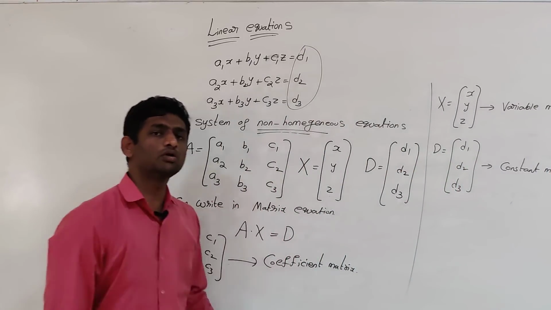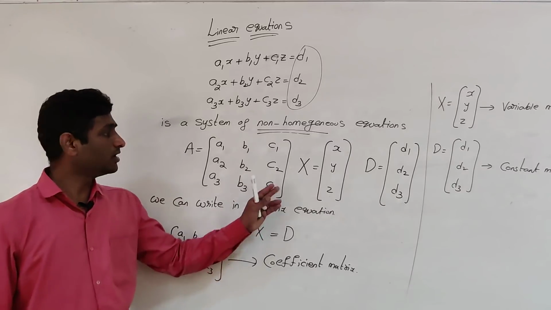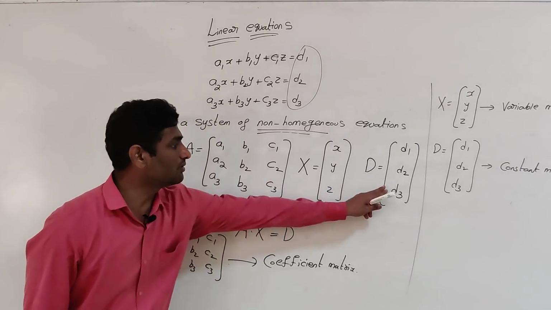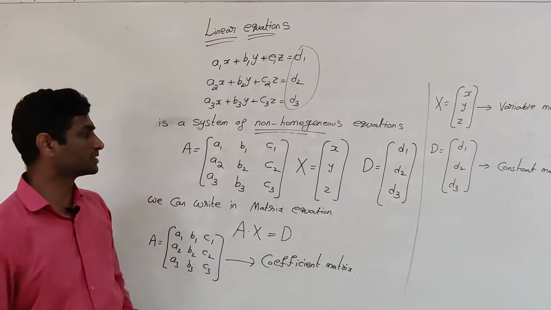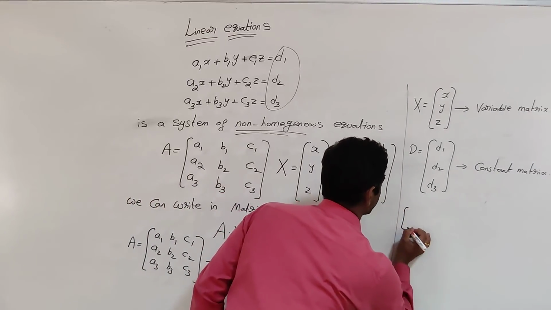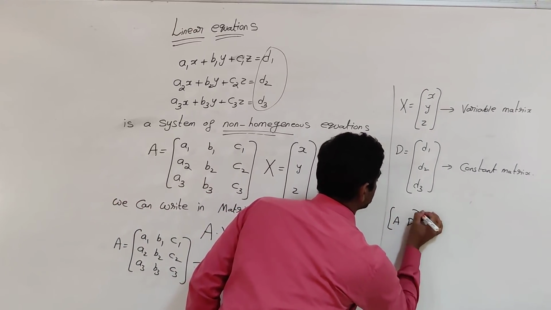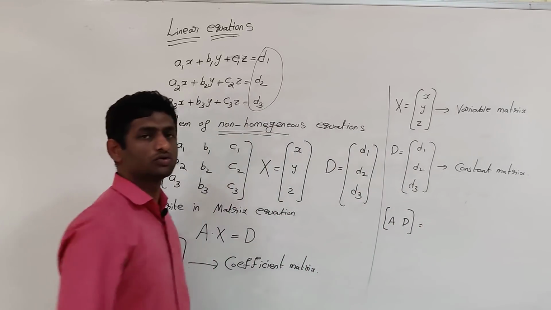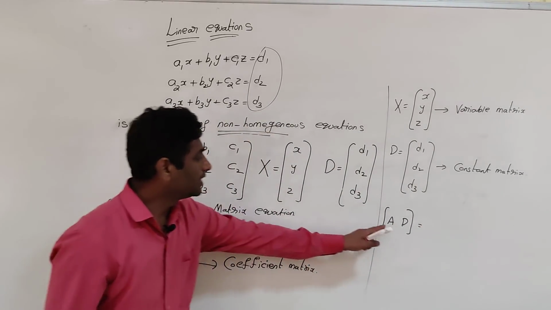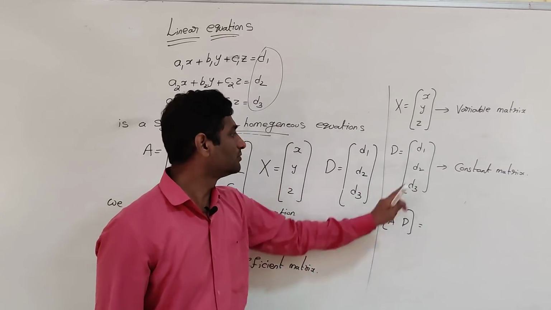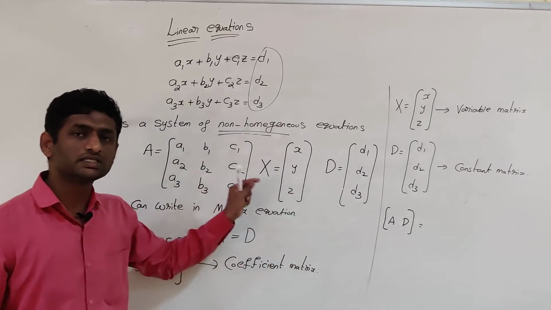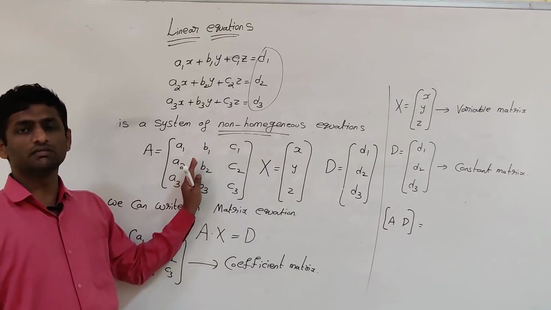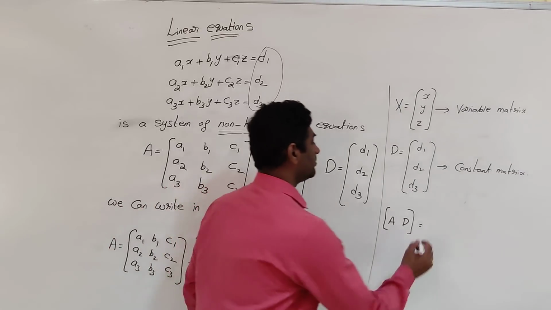And one more matrix: if we join the constant matrix to the coefficient matrix, that is AD, where A is the coefficient matrix and D is the constant column, one column matrix joined with the coefficient matrix, that is called the augmented matrix.